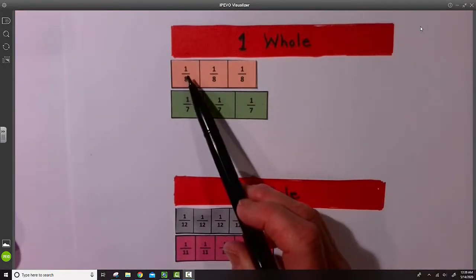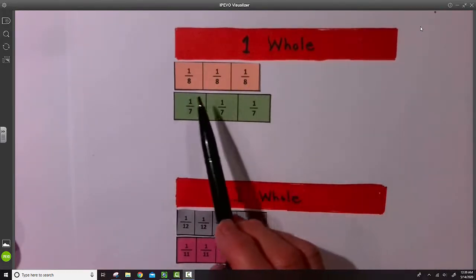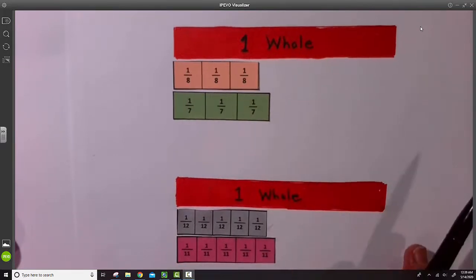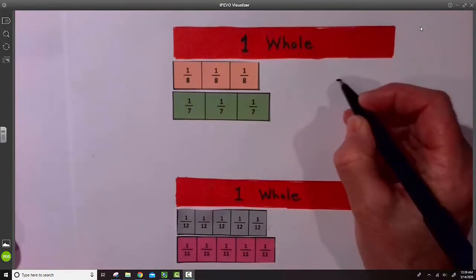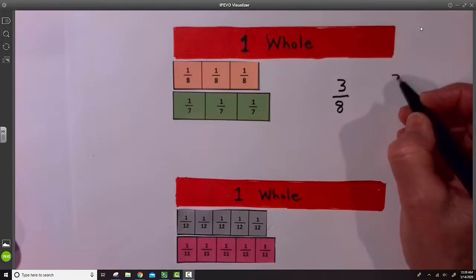So again, we have 1, 2, 3 parts on the top line, 3 parts on the bottom line for this fraction. So we have 3/8, and we're comparing that to 3/7.